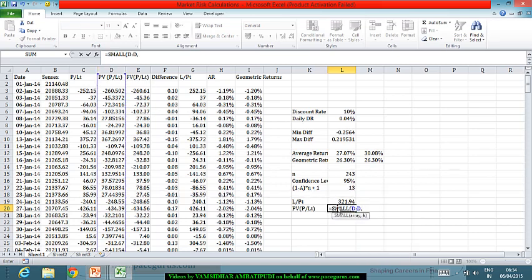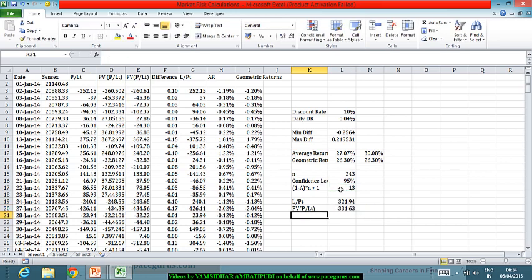Within this, I'll take the 13th minimum value, which gives me minus 331.63. So I am 95% confident that the loss will not be more than 331.63, which means there is only a 5% chance that the loss can be larger than this.